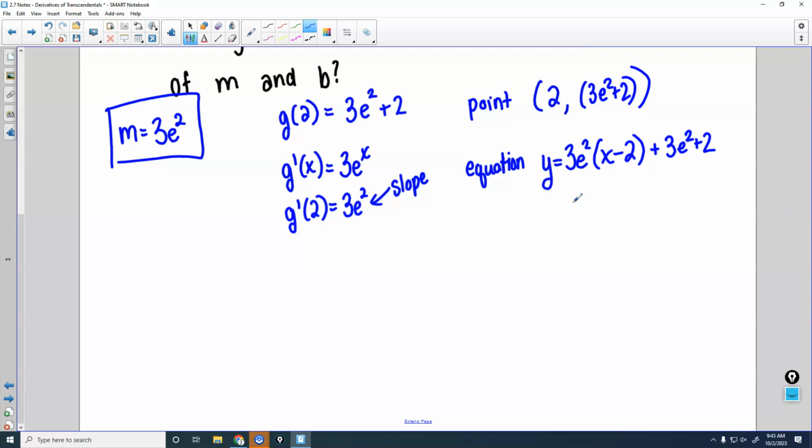No. I gotta distribute. Okay, so I will get y equals 3e squared x minus 6e squared plus 3e squared plus 2.